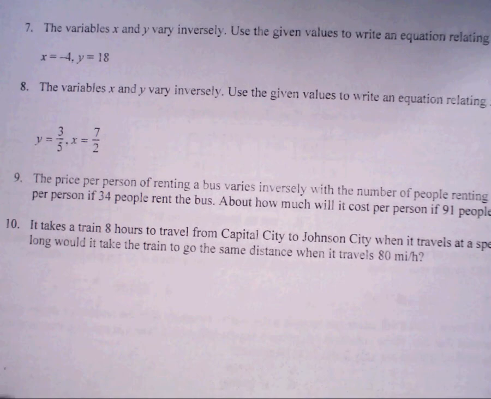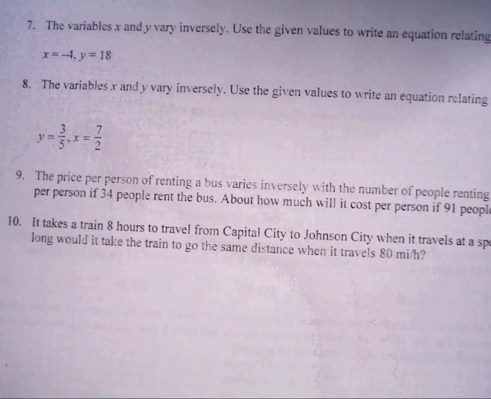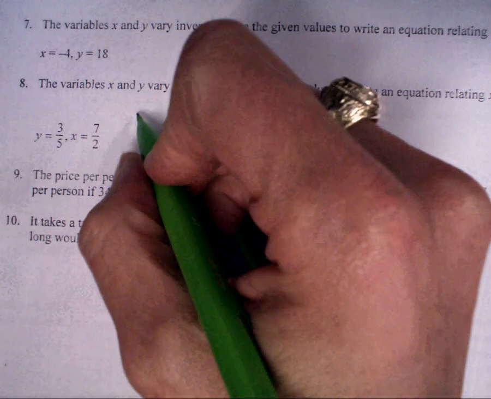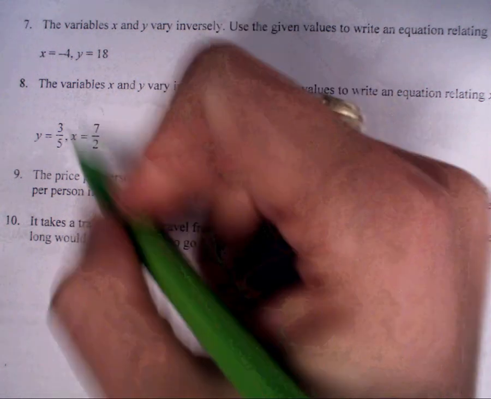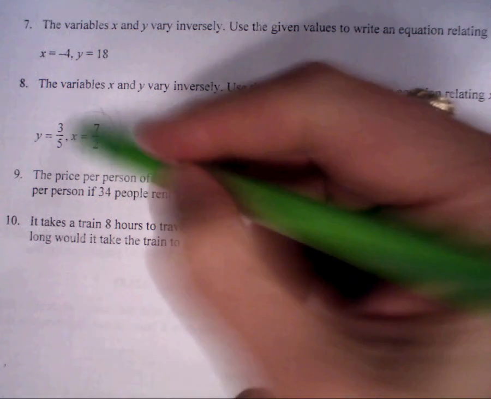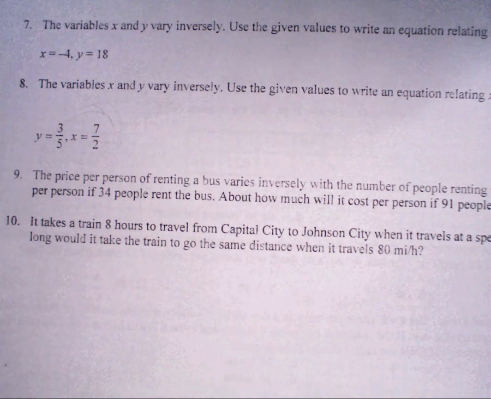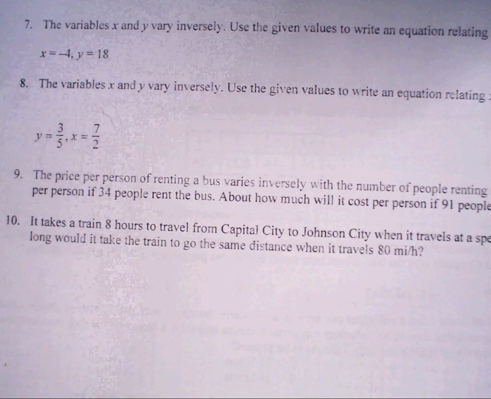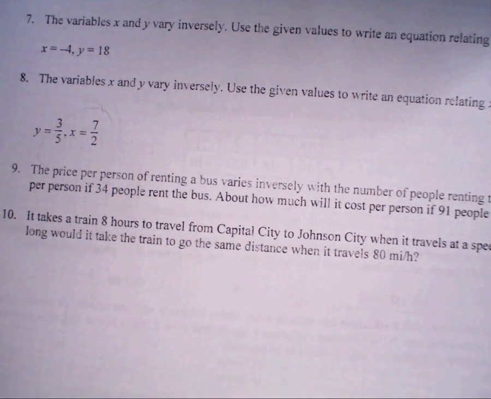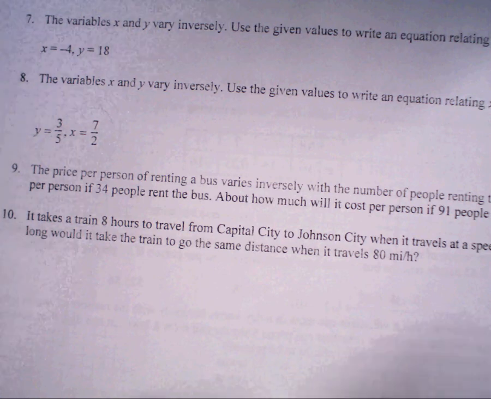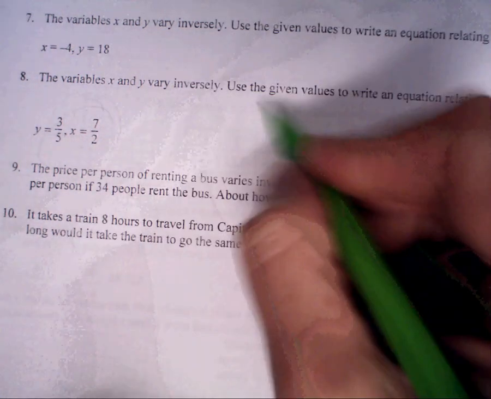So if we jump to number 8, so 9 and 10 are worked the same way as the one I just worked. Number 8, I wanted to work because there's fractions. So in order to find the k, we would, hang on, let me find my answers. So it says they vary inversely given the following written equation.